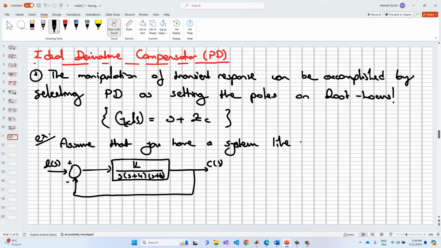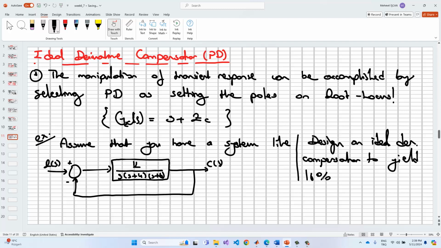Our main question is to design an ideal derivative compensator to yield 16% overshoot, and Ts must be equal to 1 second. For this system, these are the basic questions for the determination of the solution.